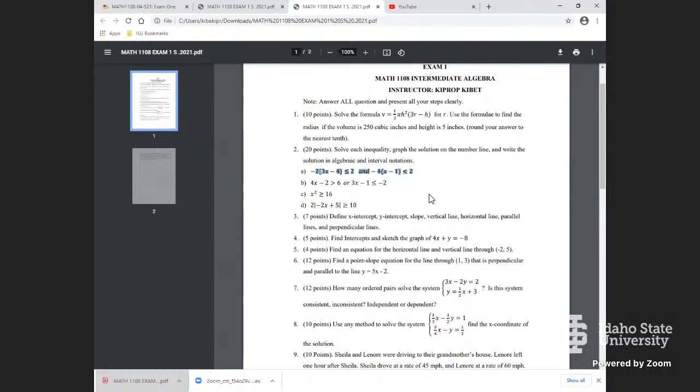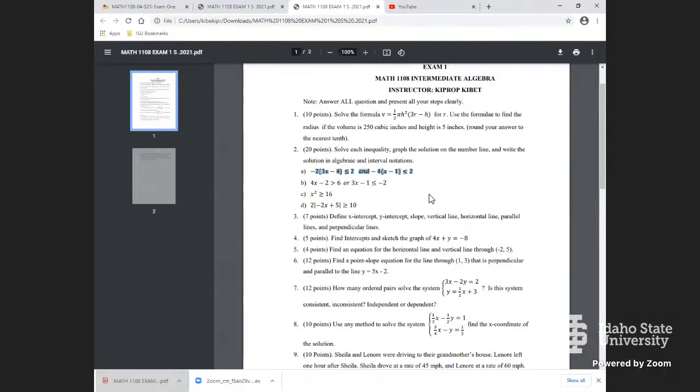So when we change this one into plus, then this inequality will switch. Again, the number 2, this is OR. So for OR, it's either this or this one. So you can use the union.